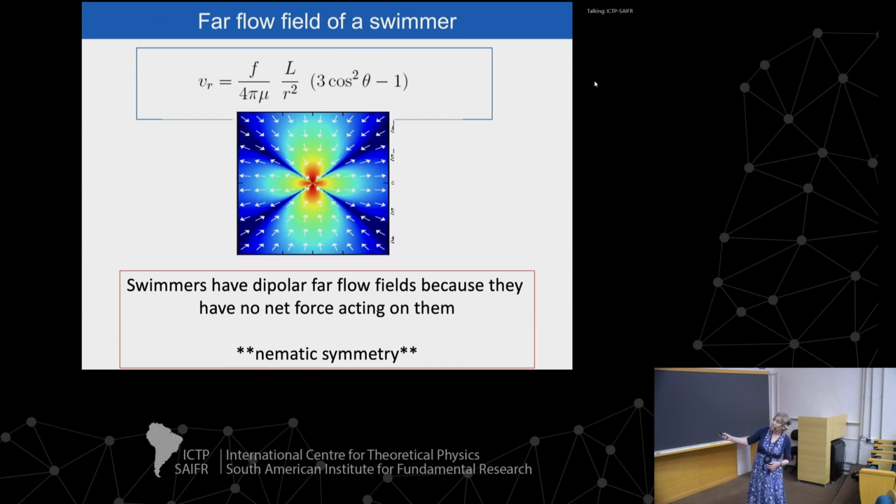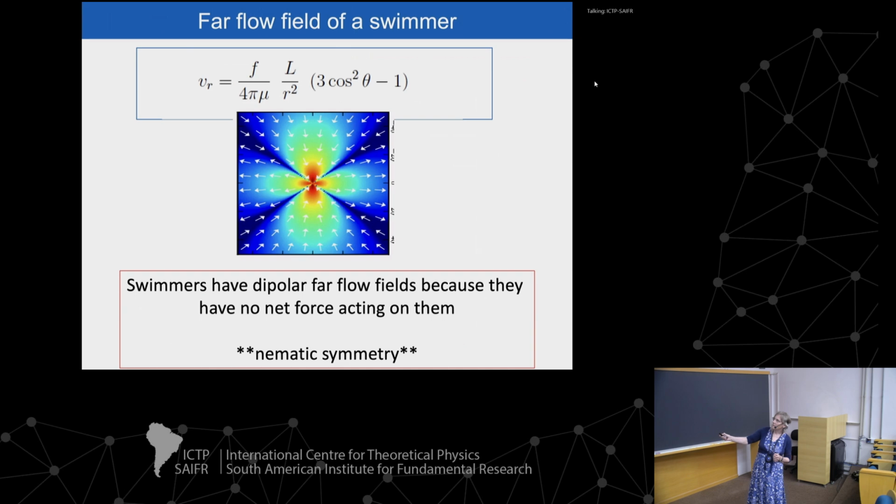It has only an R component, only a component along the radial direction, but that component varies with the polar angle theta. It goes as 1 over r squared. The Stokeslet went as 1 over r. This is the next term in my multipole expansion, so it goes as 1 over r squared. It goes as force times the distance between the two forces, so that's like a dipole. Yep. And it looks like this.